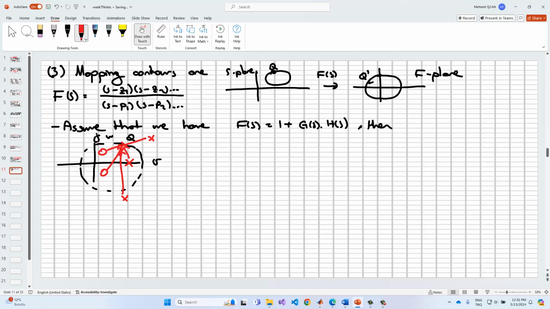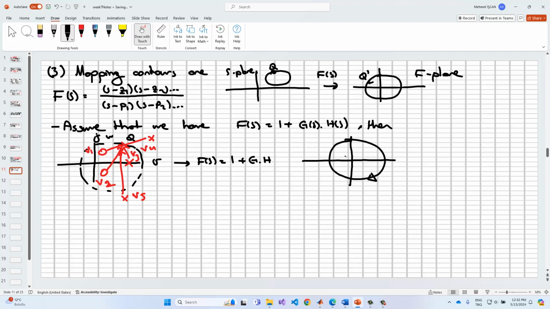Okay, this is the v1, this is the v2, v3, and v2, and this is the v3, this is the v4, and this is the v5. Okay, and so if I apply F(s) equals 1 plus G(s)H(s), then we can convert this system into another contour in here, just like this one.